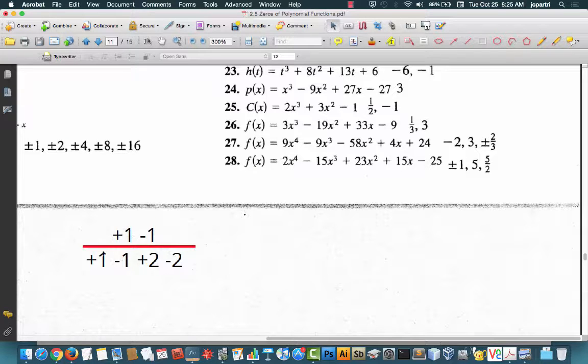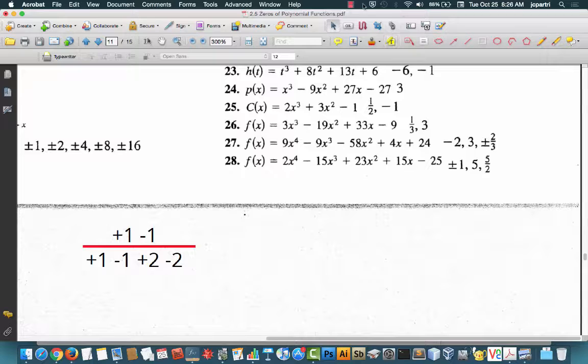So positive 1 over positive 1 is 1. Positive 1 over -1 is -1. Negative 1 over positive 1 is -1, which we already got. And -1 over -1 is positive 1. 1 over 2 is a half. 1 over -2 is a -half. And we get the same thing again when we take -1 over these two here.